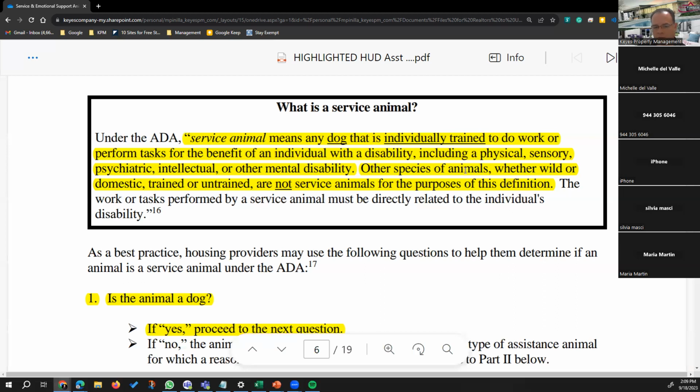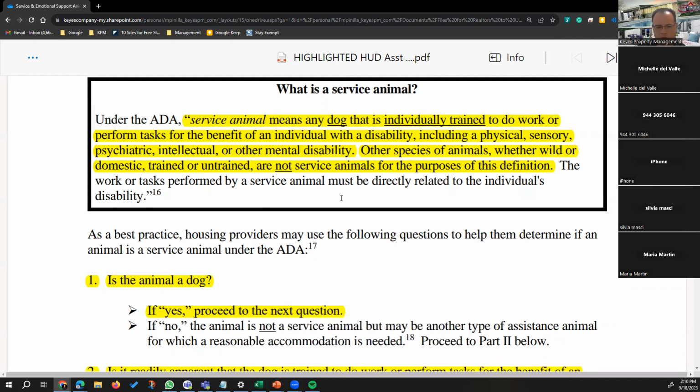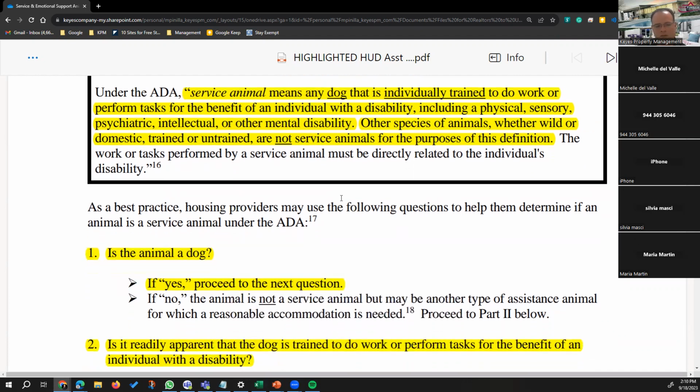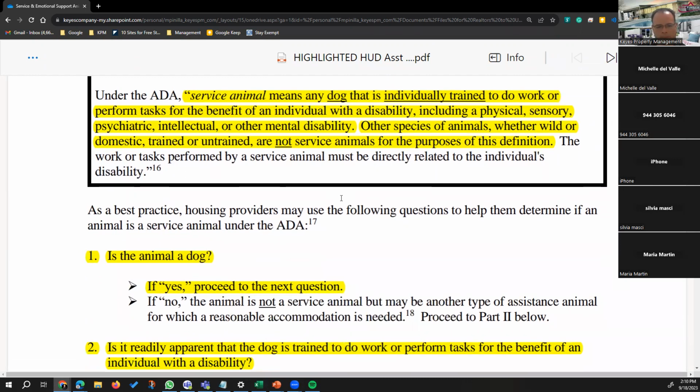Other species of animals, whether wild or domestic, trained or untrained, are not service animals for the purposes of this definition. So again, no cats, no turtles, no pigs, no horses, no donkeys, they cannot be considered a service animal. So again, seeing eye dog is a very good example of what a service animal is.